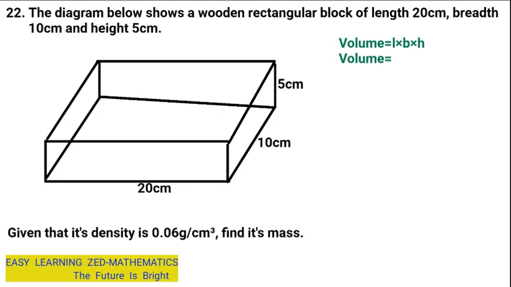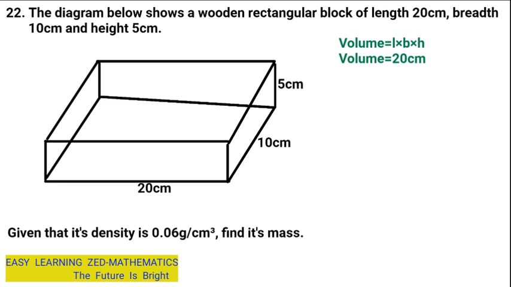In case the length is not given in the statement but is given in the diagram, the longest side is the length. So the length is 20 centimeter, multiplied by the breadth, which is 10 centimeter, and the height is 5 centimeter.